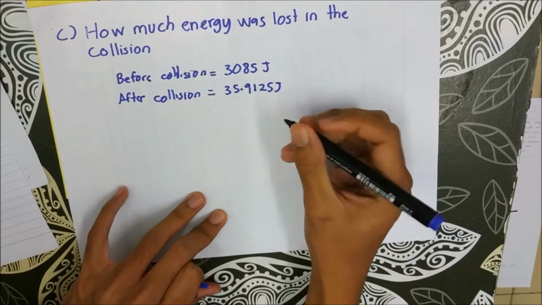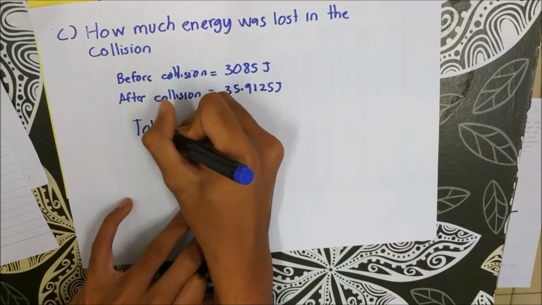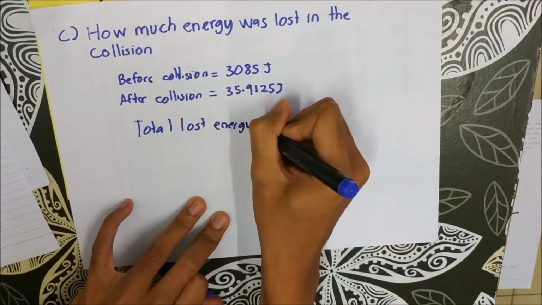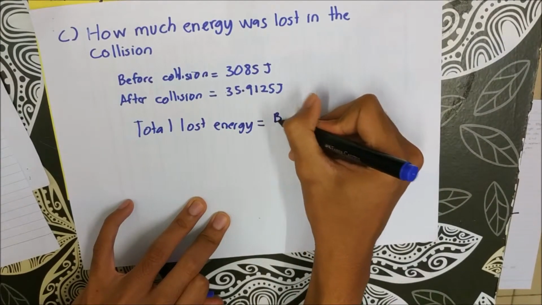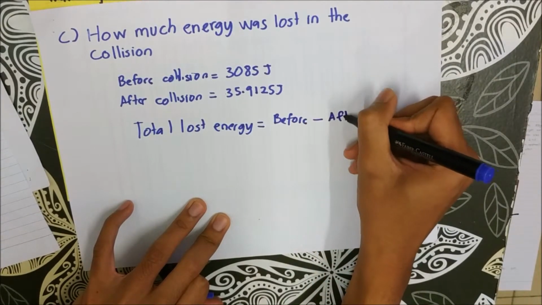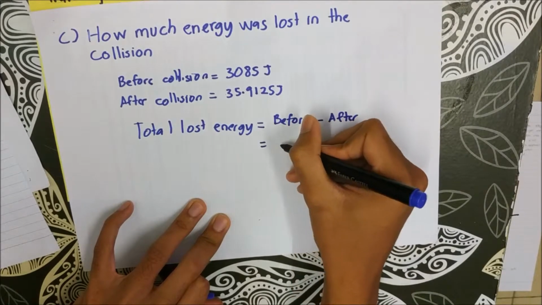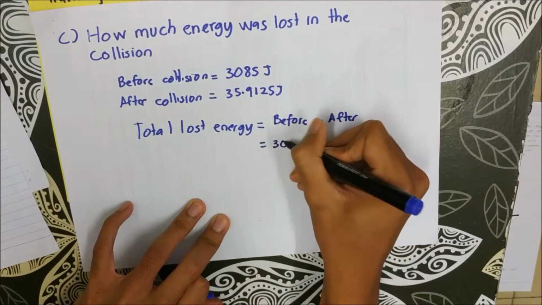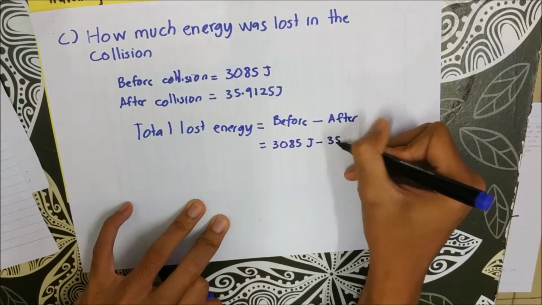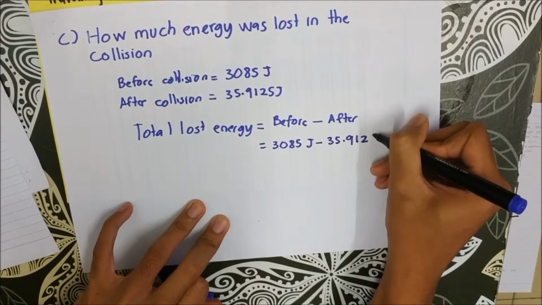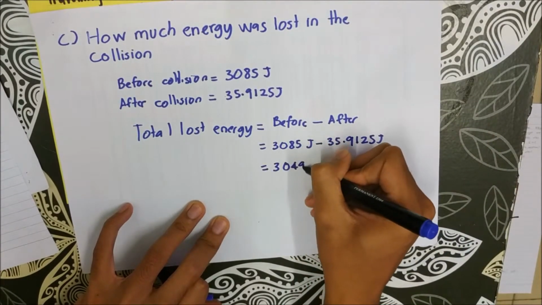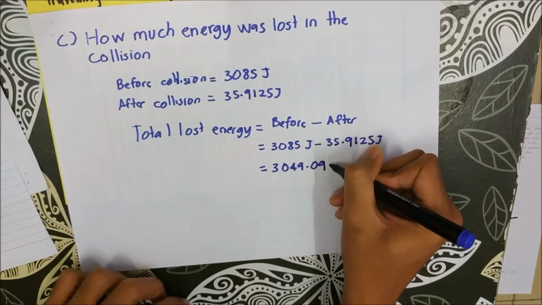To find the total energy loss, total loss energy equals before collision minus after collision. That is 3085 joules minus 35.9125 joules, equal to 3049.09 joules.